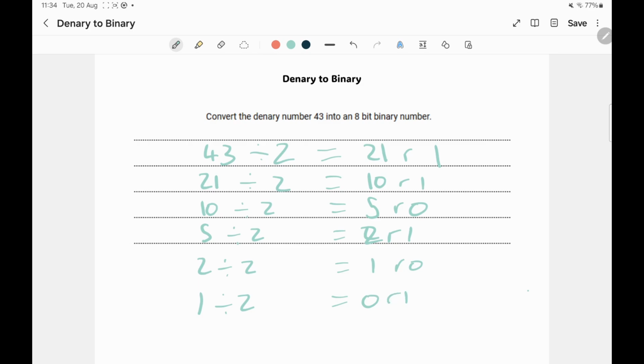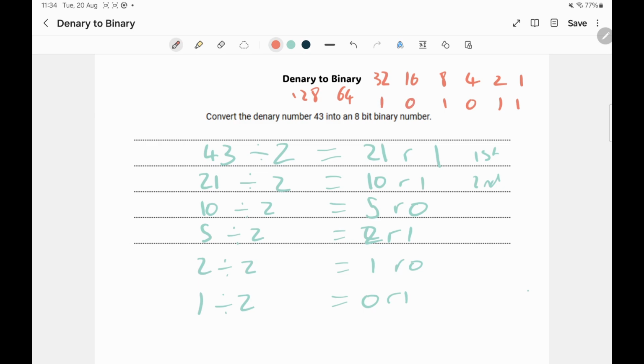Okay, now these numbers on the right correspond to the first, second, third, fourth, and so on place in the grid, as it were. So if we do our grid as normal, we do 1, 2, 4, 8, 16, 32, 64, and 128. This one goes there, so we've got 1, 1, 0, 1, 0, 1.